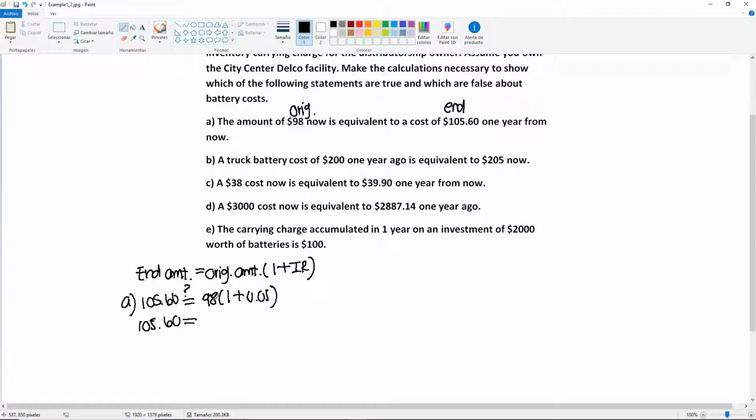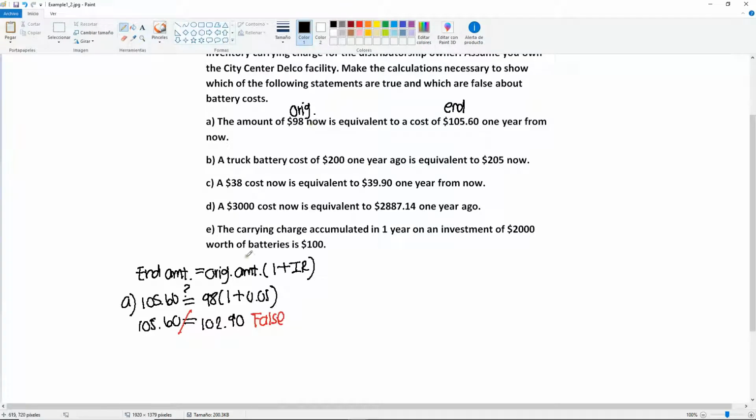If you do the math, 98 times 1.05, you will actually get 102.90. So this right here is not true. Write down that this statement is false.